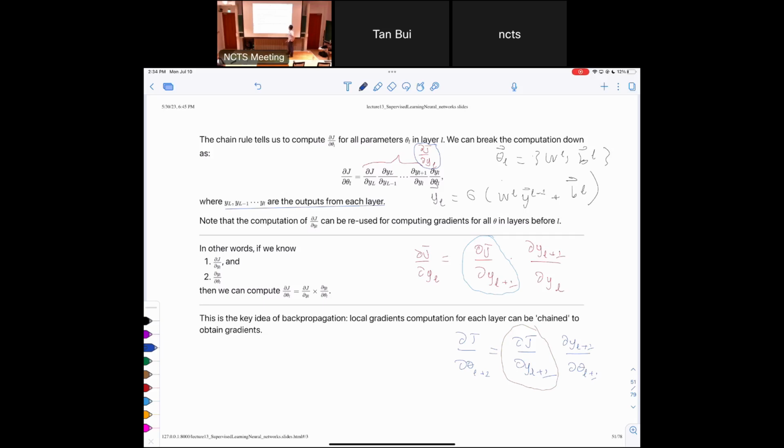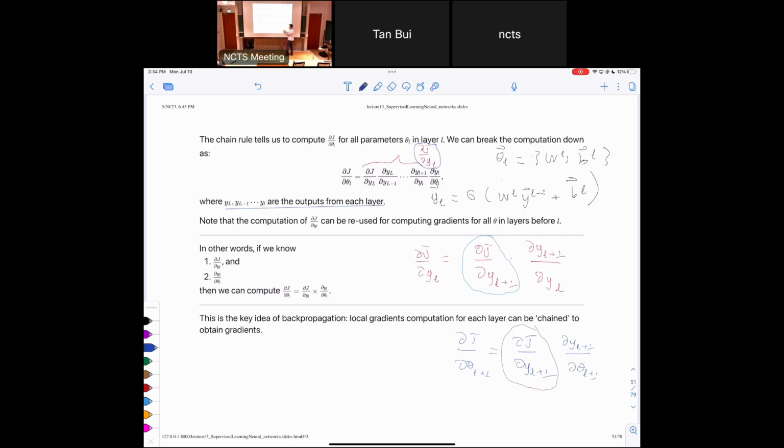Now, what is dJ with respect to dYL? So this one you know. How do I compute dJ with respect to YL? It is nothing more than dJ with respect to YL plus 1, the later layer.